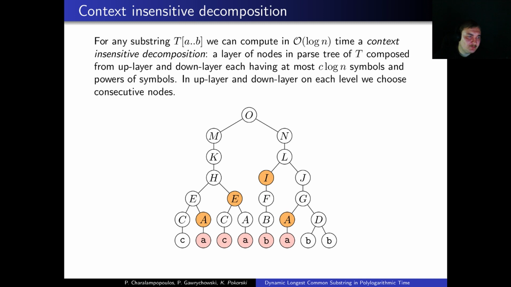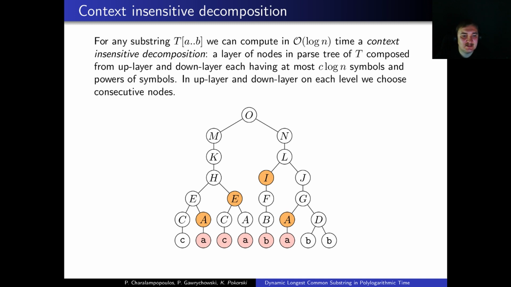So for each substring we can construct this up layer and down layer. Basically this A, E, I is the up layer here, and A is the down layer. So we can express any substring as just a sequence of non-terminals, and this sequence will be quite short.